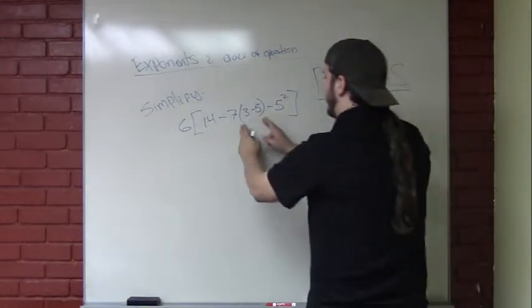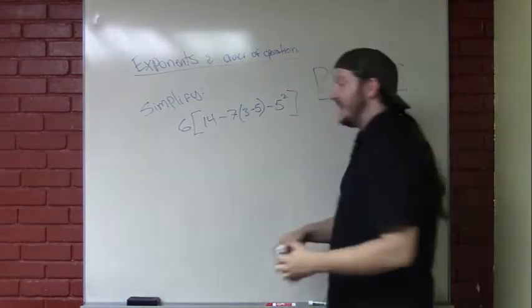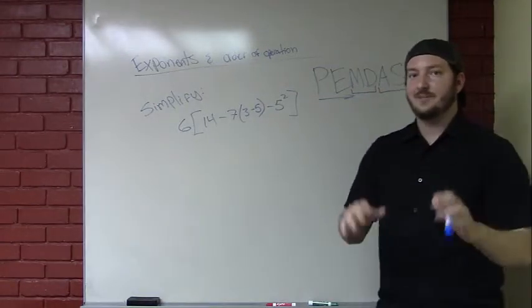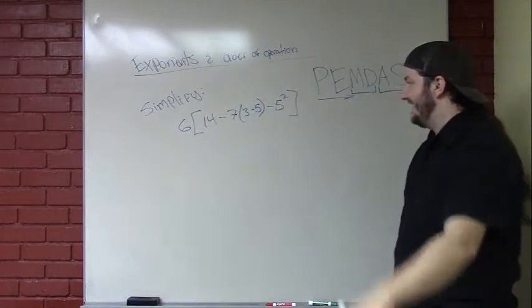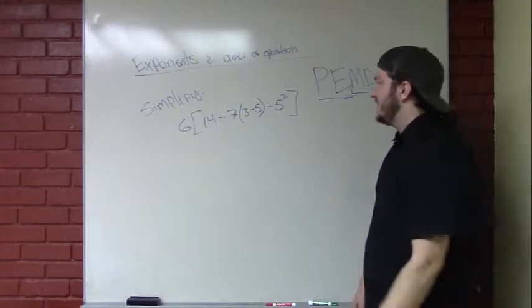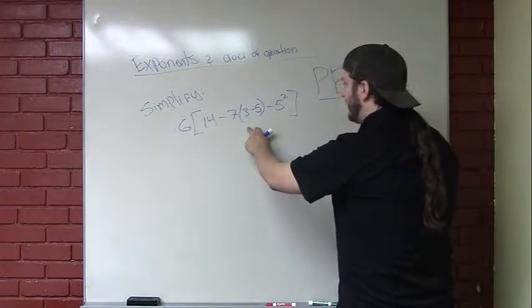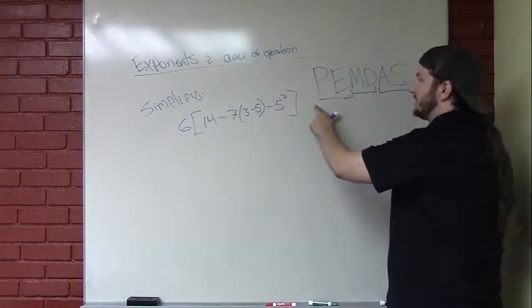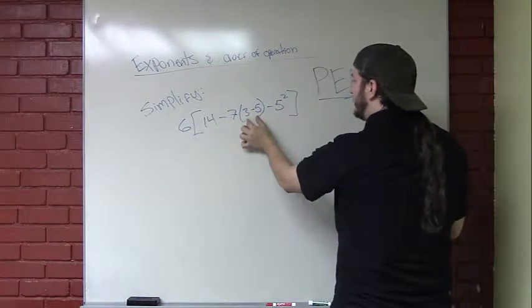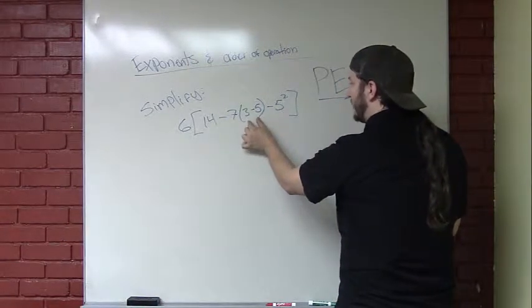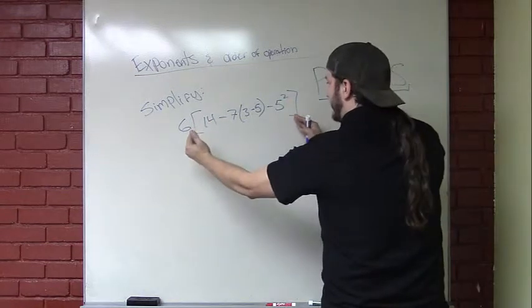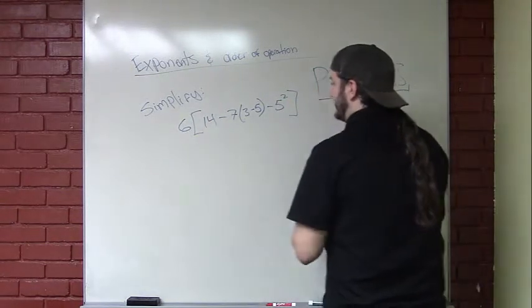So we have parentheses within brackets, so it's kind of like mathceptions, like inception. Anyways, I gotta work on my jokes. Well, basically parentheses is first. You're gonna do the smaller parentheses first, and then you're gonna do the bigger parentheses, or brackets in this case.